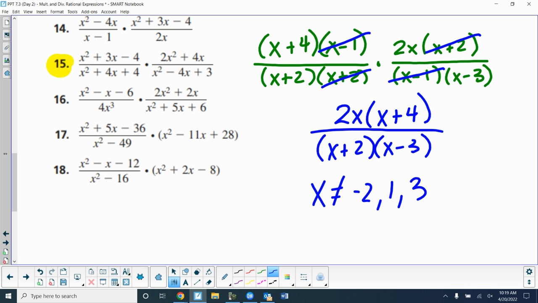All right, so answers are, number 2. Gotta get to the right page. Number 2 was -x over 2x plus 5. X cannot be 0. Number 4, it's already simplified. You can't cancel anything.